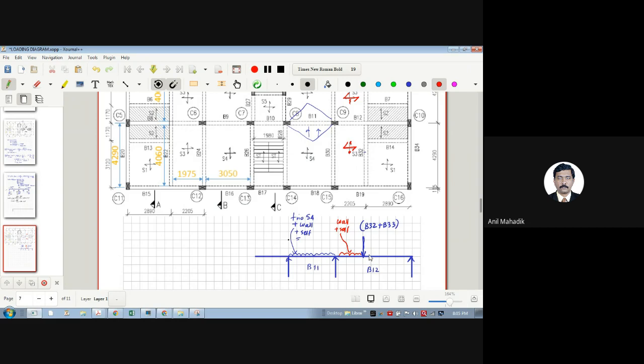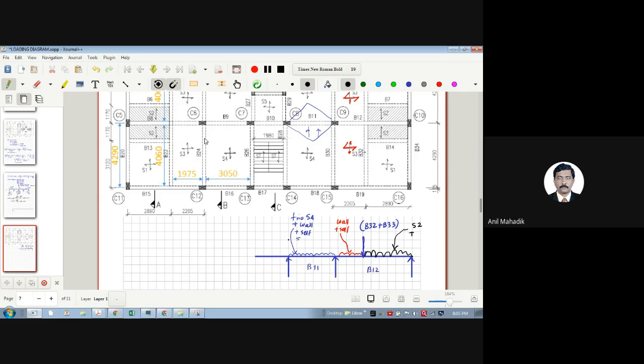And what load will be here in this area? From S2, right? So the load from S2 plus, whenever I say load from S2, it means self weight of slab, SIDL, sunk load, floor finish, everything that we have already calculated.